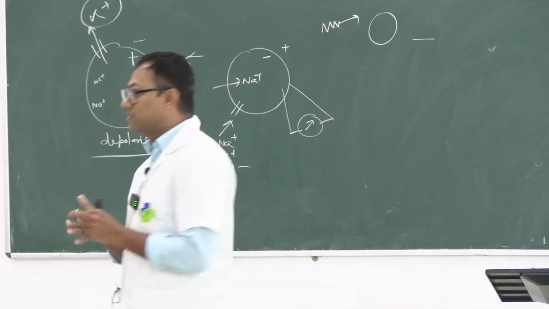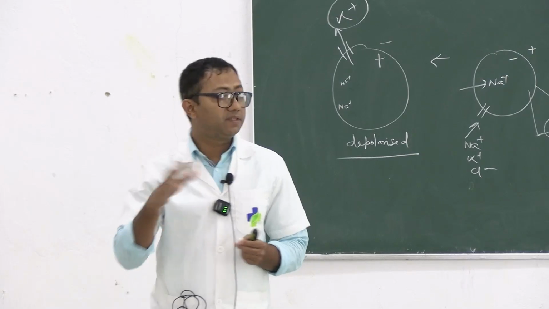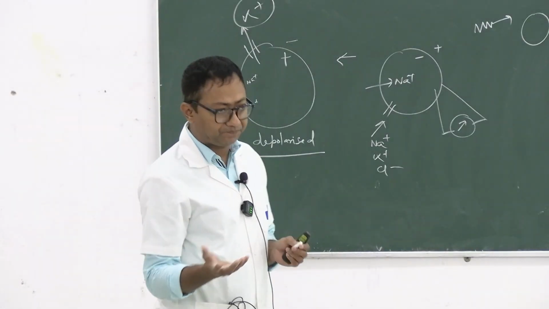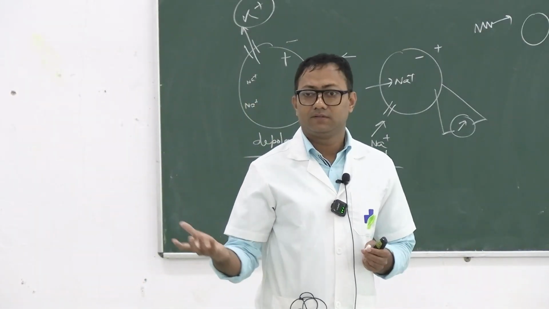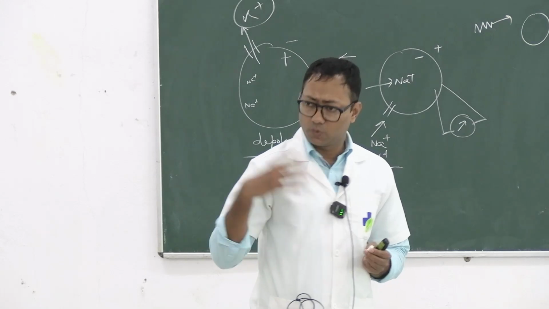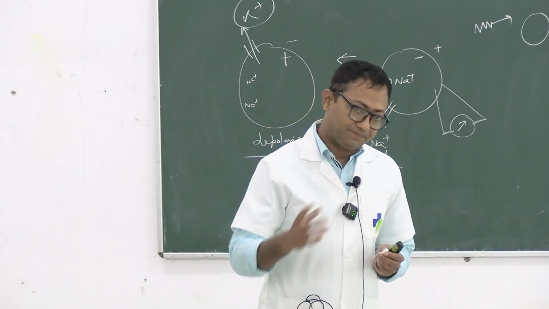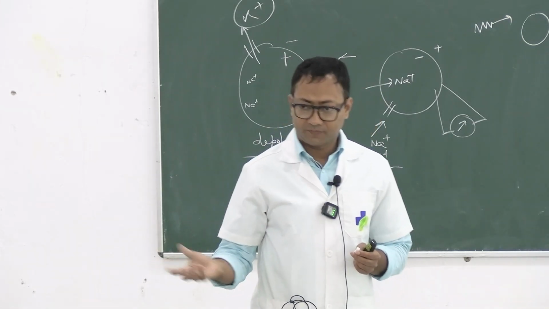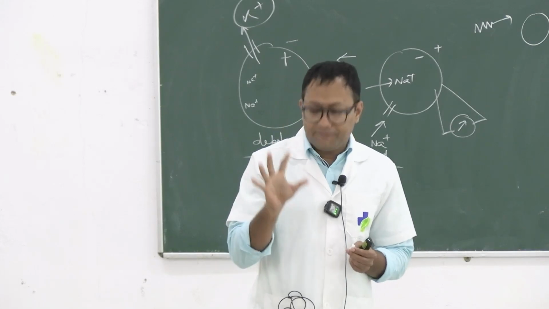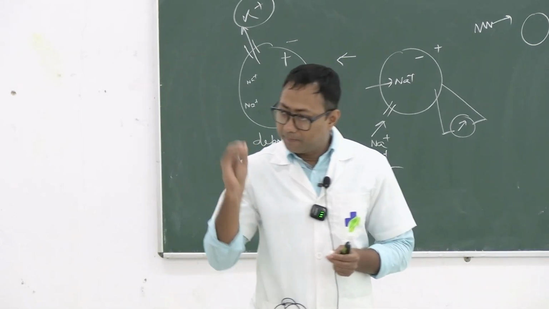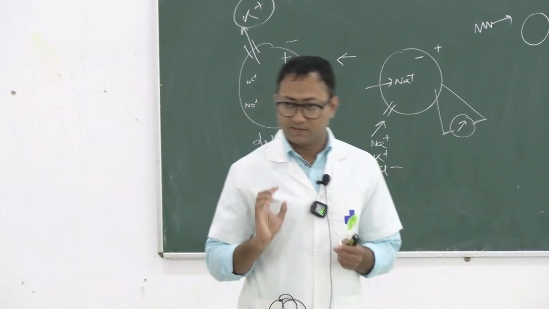I told you that stimulus may be chemical stimulus, may be thermal stimulus. We can apply heat, we can apply cold, we can apply some chemical, we can apply some stretch, but these are difficult to measure. But if we apply some electricity, you can measure.